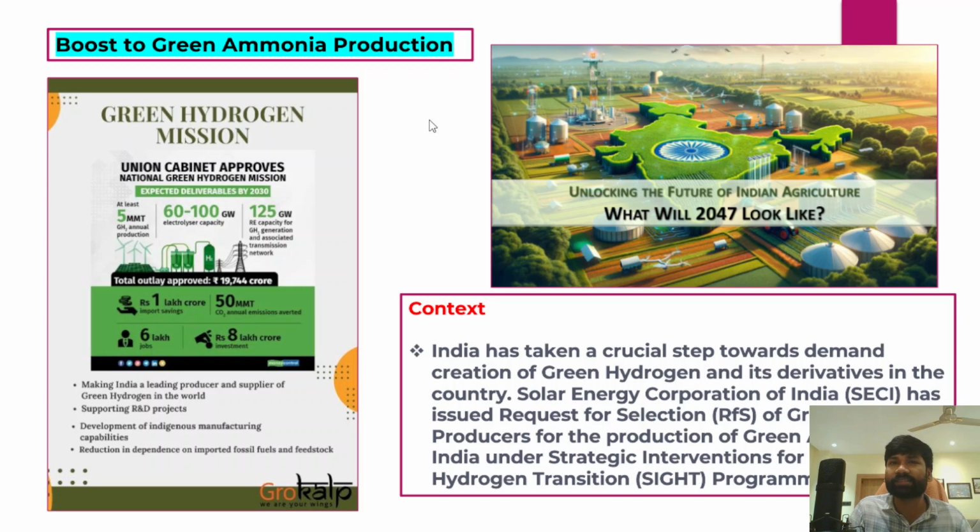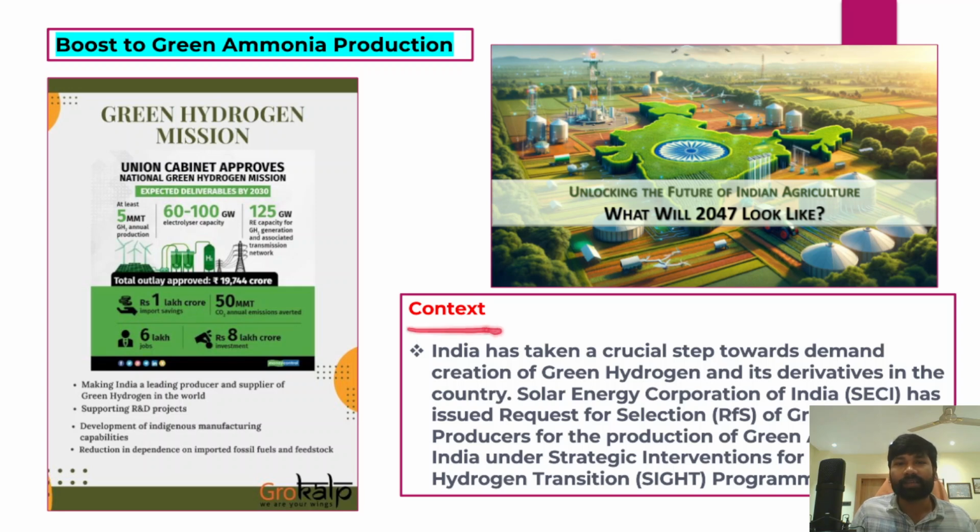Since it doesn't release any greenhouse gas emissions, there will be no new addition of carbon into the atmosphere, and we can control the levels of greenhouse gases, climate change and global warming, and at the same time we will be able to meet our ambitious targets that were specifically mentioned in initiatives like the Panchamrit program and common but differentiated responsibilities under COP, the climate change framework, etc.